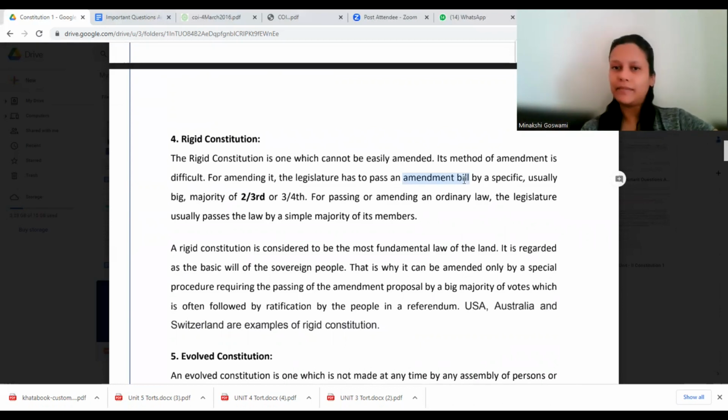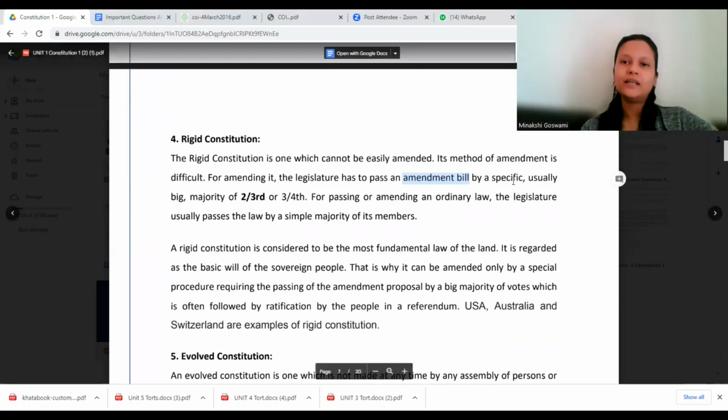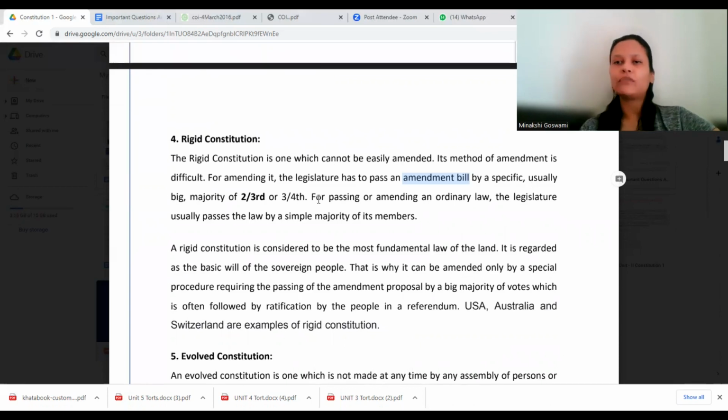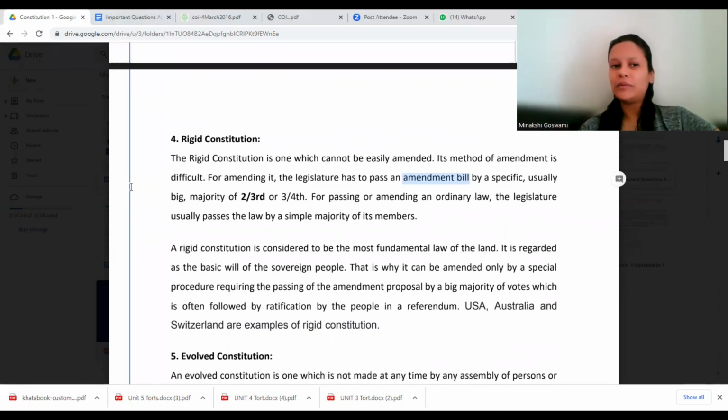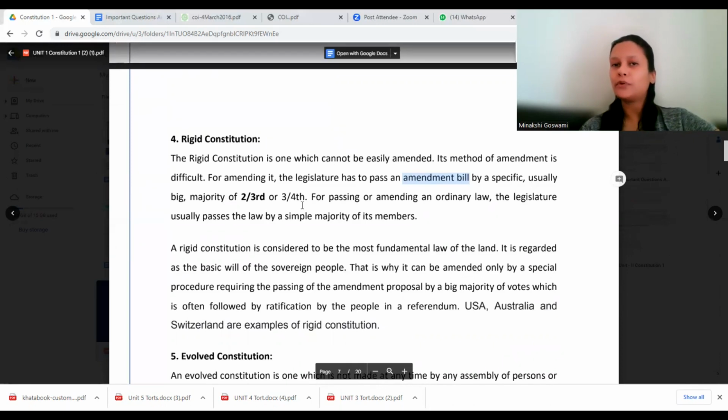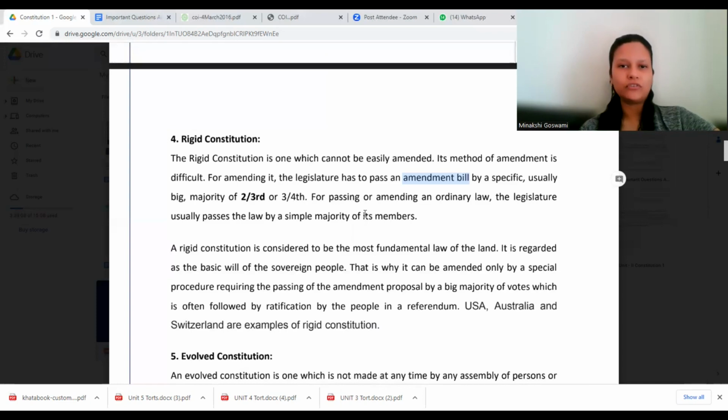They introduce the bill, usually needing a big majority of 2/3 or 3/4 of the members present and voting in the parliament. Like that, different provisions would be followed. So they need to introduce an amendment bill, and how many people need to approve that bill, that again might vary from country to country.